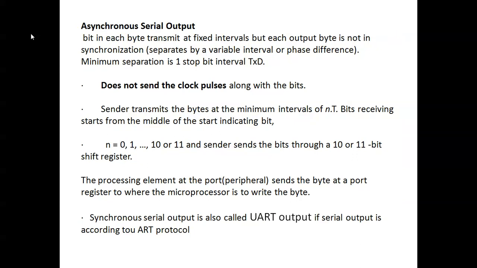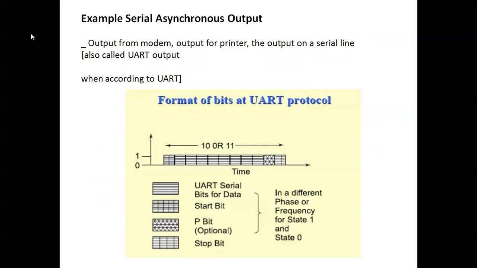The asynchronous serial port does not depend upon a clock pulse along with the bits. We already know that. So asynchronous serial output we can also call UART, universal asynchronous receiver transmitter output.